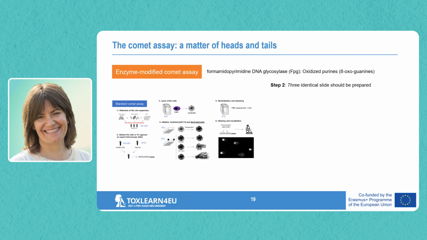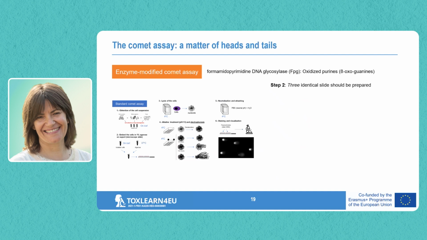This enzyme is a bacterial enzyme that plays a role in DNA repair in bacteria. It's the one that detects the lesion and induces a break at the site of the lesion. Since we can detect breaks, we can detect those extra breaks that the enzyme is going to produce. I will explain it more carefully.